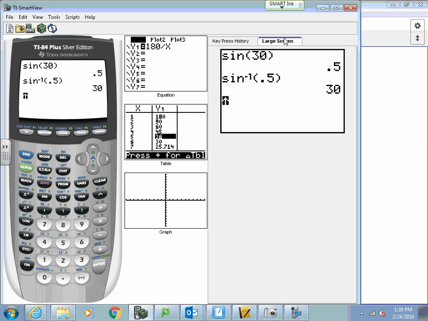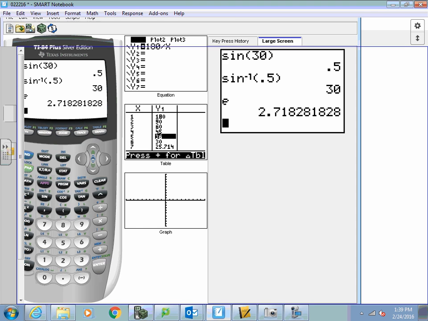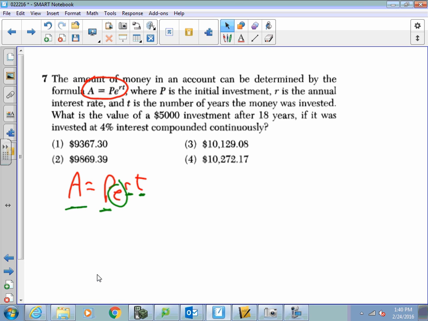So I hit second, and then this little button right here. Remember that number? We talked about that earlier in the year, 2.718, dot, dot, dot. So it's just a constant. It's not a variable. The reason I say that is because in order to solve for any one of the variables, you have to have at least 3 of the 4. So in this case, we have the value of a $5,000 investment, which means that's going to be our P.